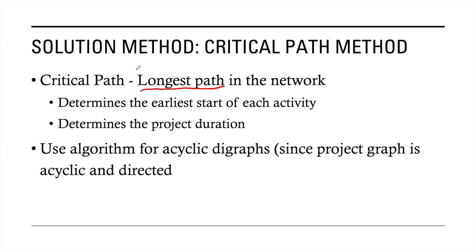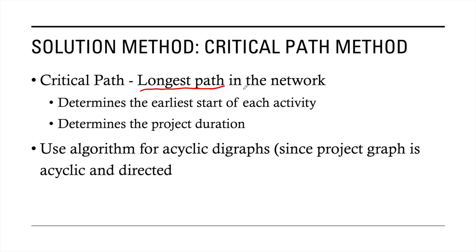If your main objective is to determine the project duration, how long the entire project will last, you don't need the shortest path. Because if you get the shortest path, then there will be other activities that have not been done yet.